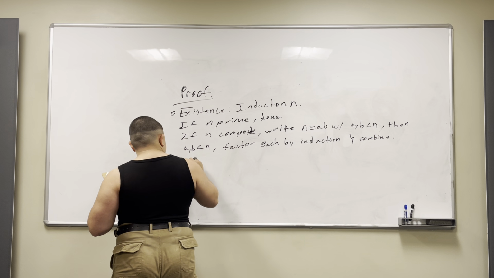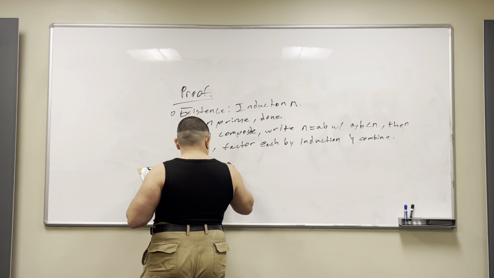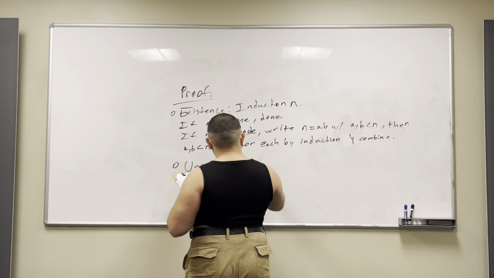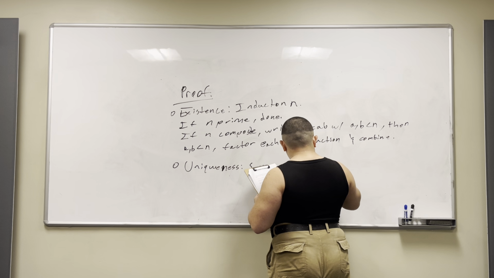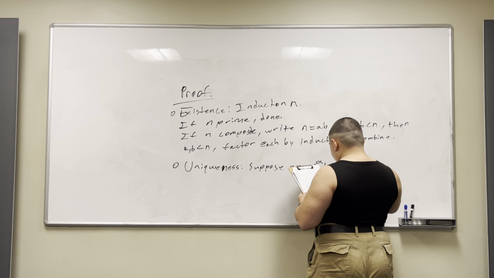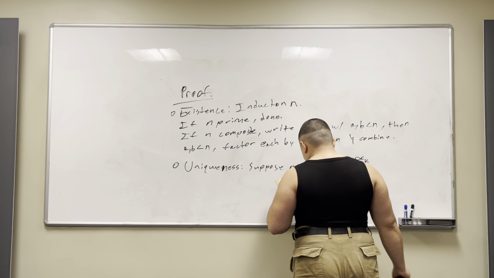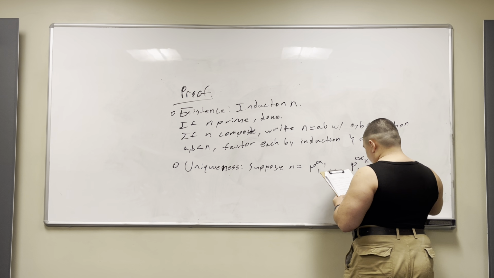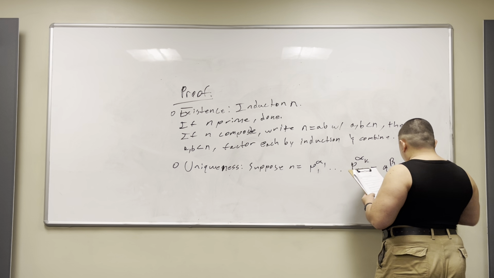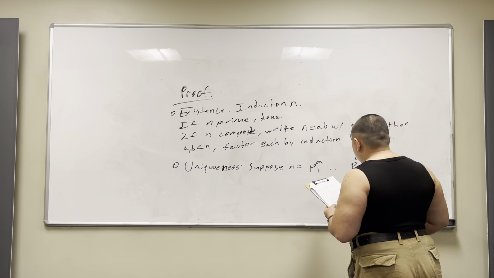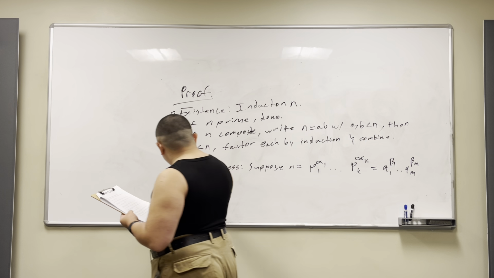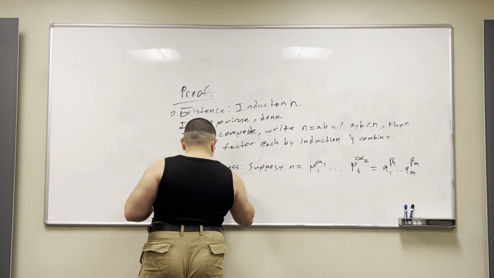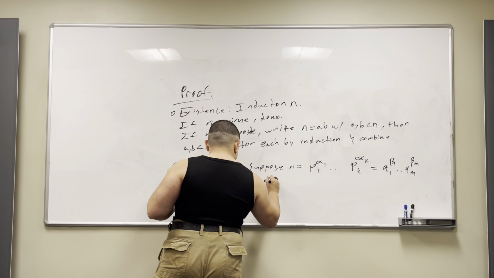Uniqueness. Suppose n is equal to p sub 1 to the power of alpha sub 1 all the way to p sub k to the power of alpha sub k, which is equal to q sub 1 to the power of beta sub 1, times all the way up to q sub m to the power of beta sub m, with primes in ascending order.